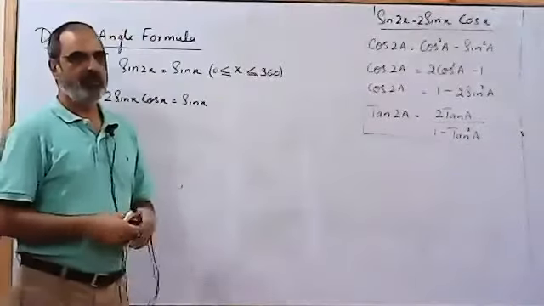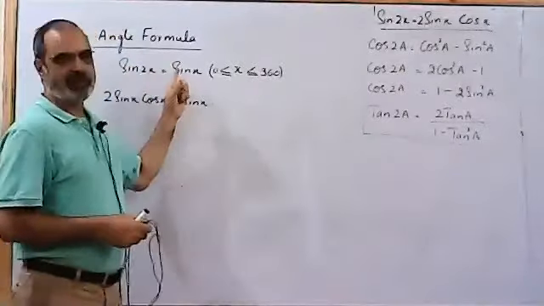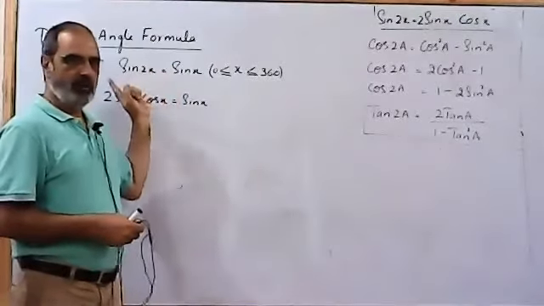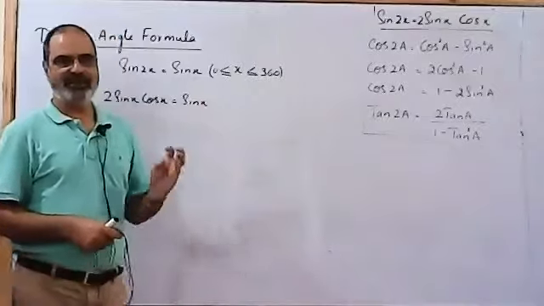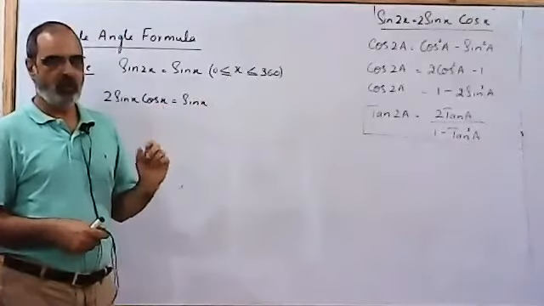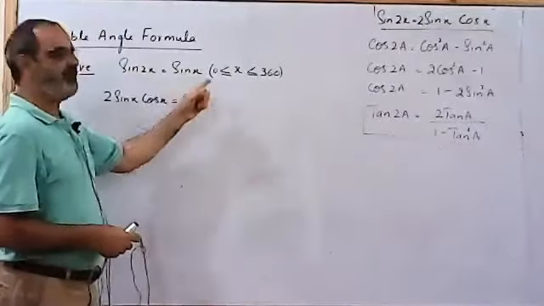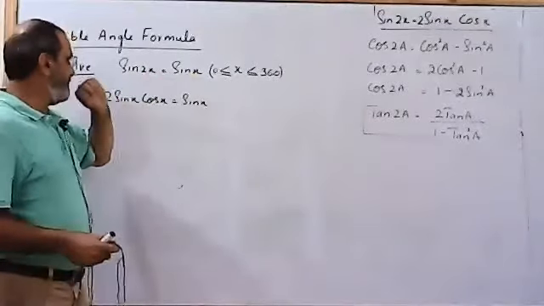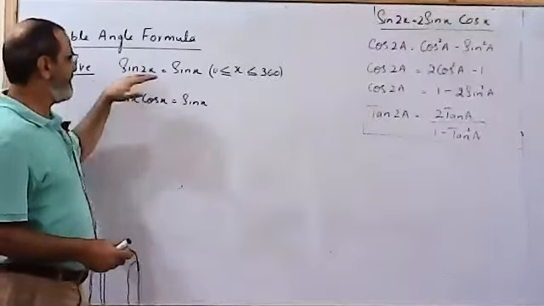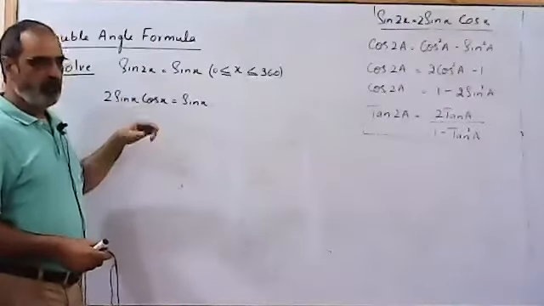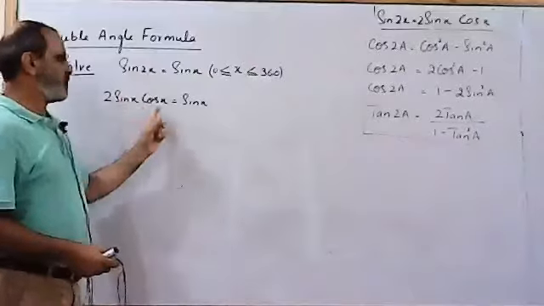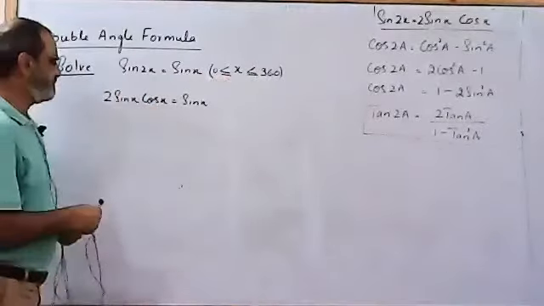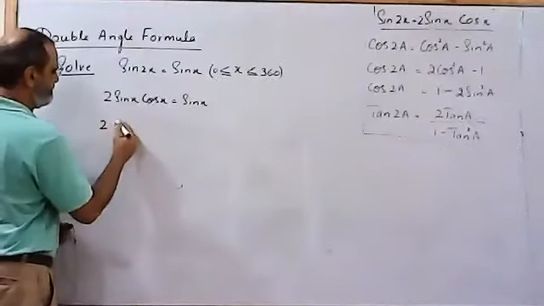Remember, we need the same trigonometric ratio, whether all the terms in the equation contain sine or cos or tan, and secondly, angles should be the same as well. In this case, the trigonometric ratio was the same but the angles were different, so I changed sine 2x into 2 sine x cos x. I have applied the double angle formula to make the angles the same. Shift sine x onto this side.